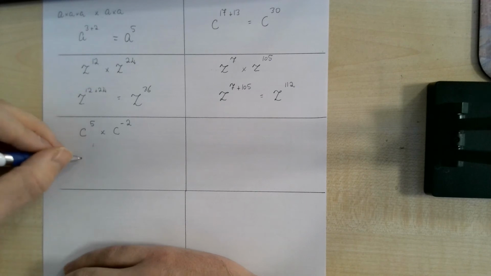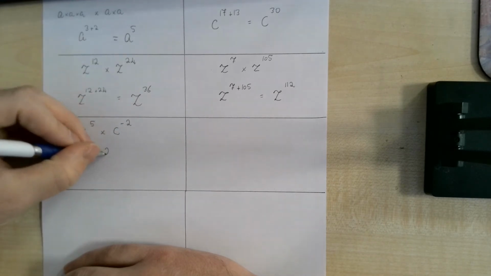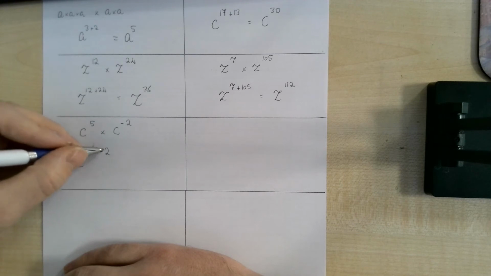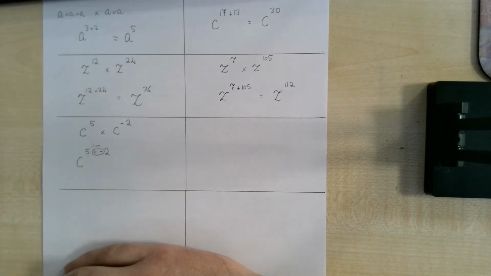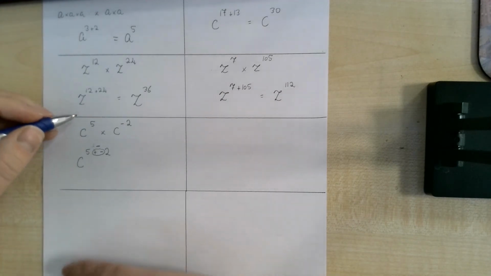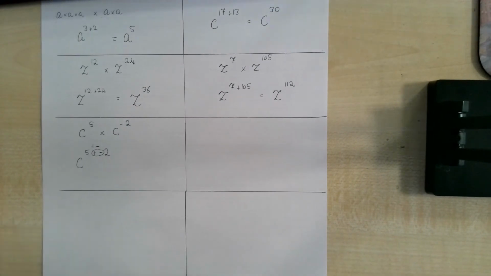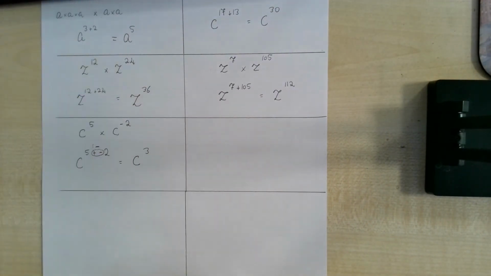So it's going to look like this: c to the power of 5 plus minus 2. What we should know is that a positive and a negative together will just give us a negative. So in this case, what I've actually got is 5 take away the 2. So it's c to the power of 3.